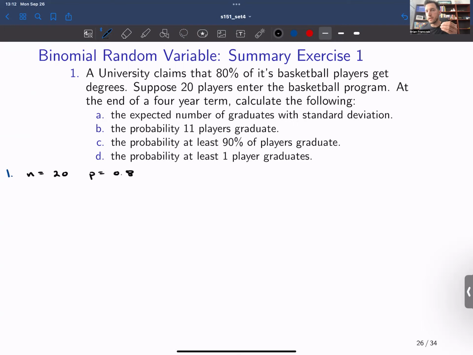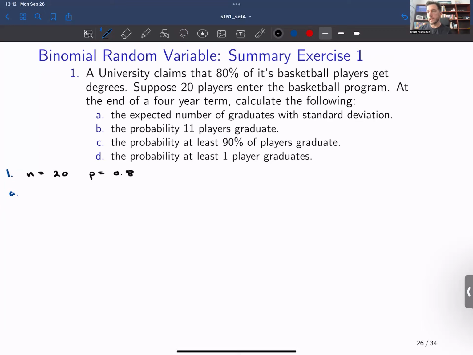So each player has an 80% chance of finishing. Across the 20 players, how many do we expect to graduate, and what is the standard deviation associated with that? So what is the expected number of graduates at the end of a 4-year term, with standard deviation?